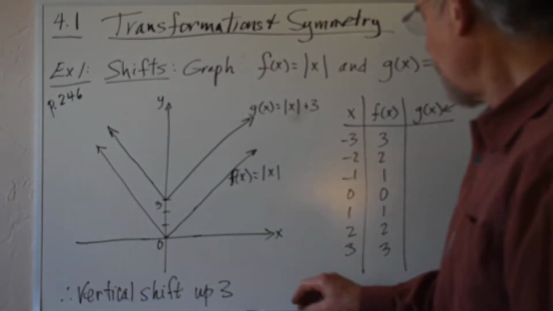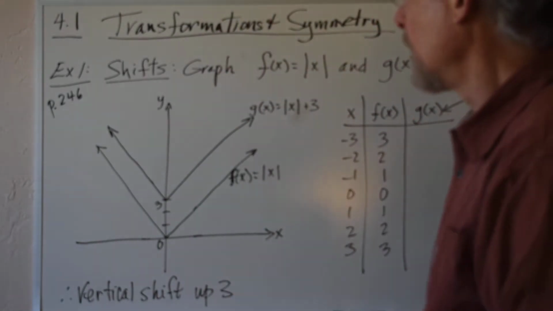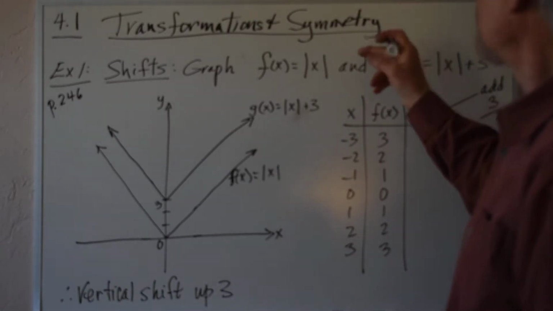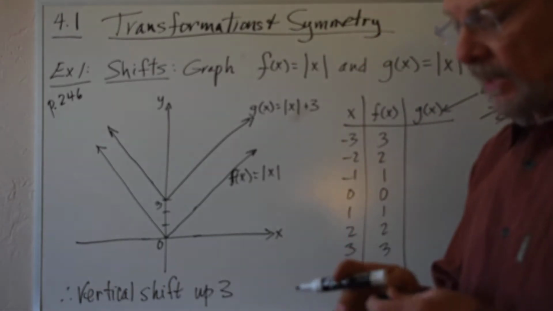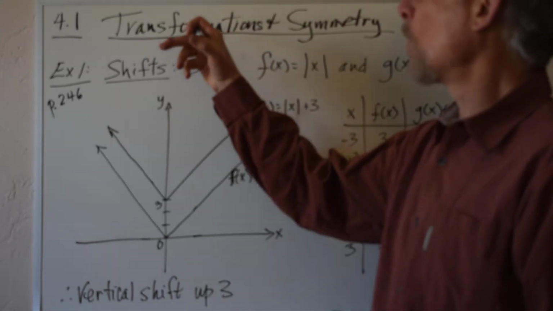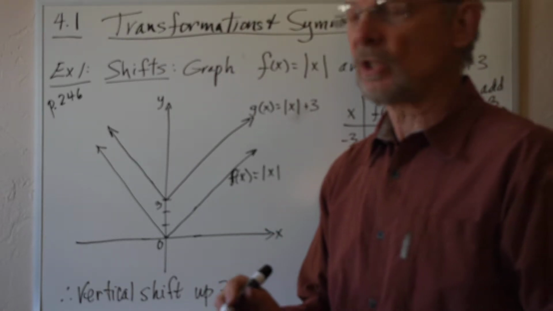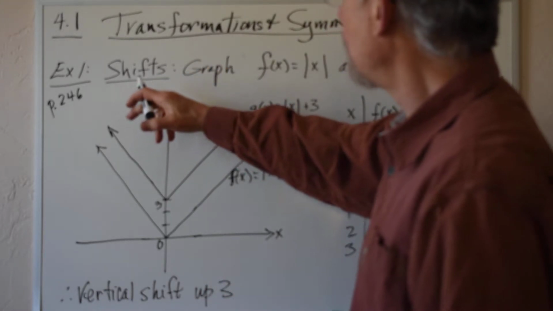All right, so there's some concepts that we'll be using as we move along here. Chapter 4 is more studies into functions. And section 4.1 deals with looking at the graphs of functions. Let's look at example 1.